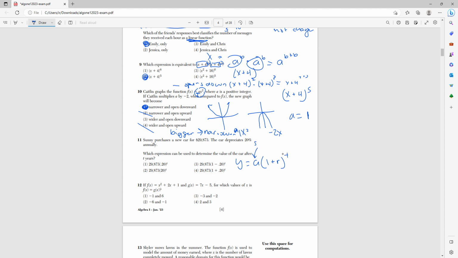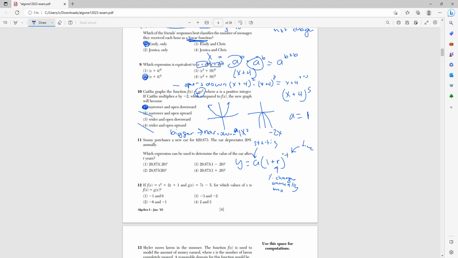Here, a is the starting value, and r is your percent change, annually or monthly, whatever it is, and t is your time, or the amount of years that have passed.